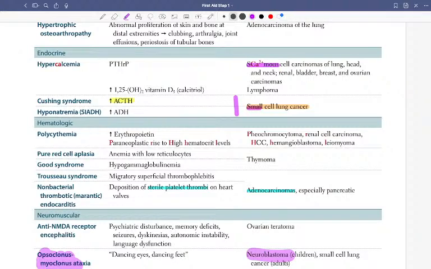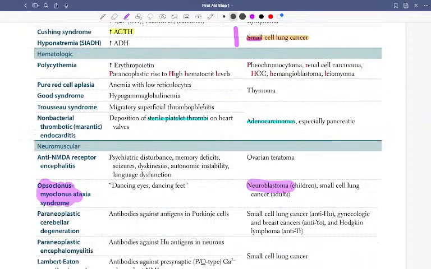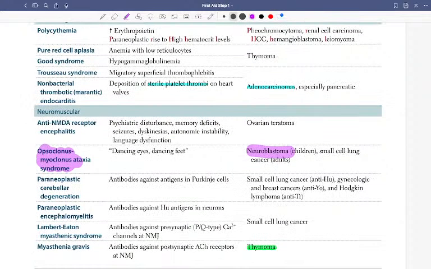Polycythemia is from erythropoietin, increased in pheochromocytoma, renal cell carcinoma, HCC, leiomyoma, hemangioblastoma. Pure red cell aplasia, decreased, low reticulocytes: thymoma. Hypogammaglobulinemia: Good syndrome is hypogammaglobulinemia.